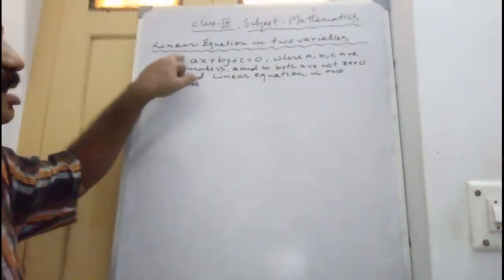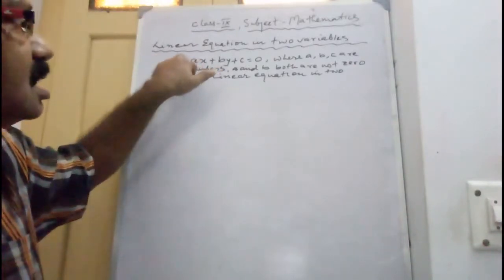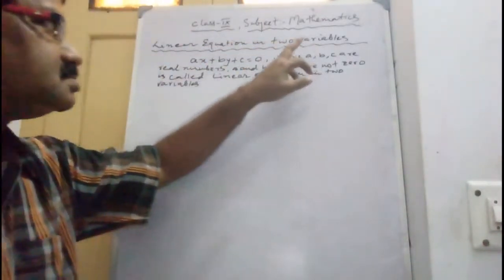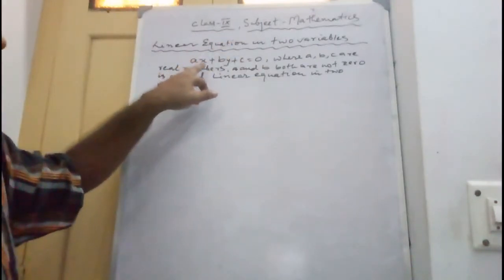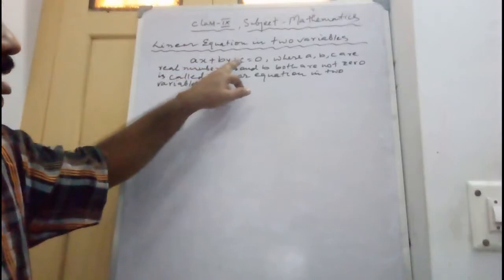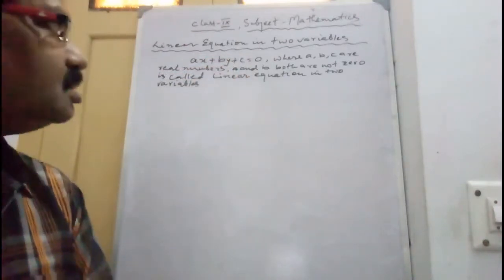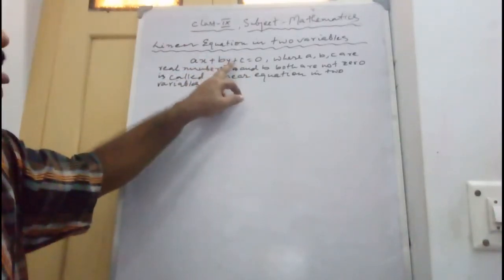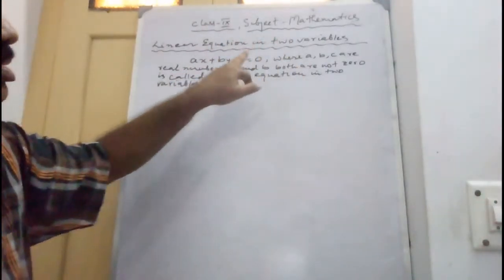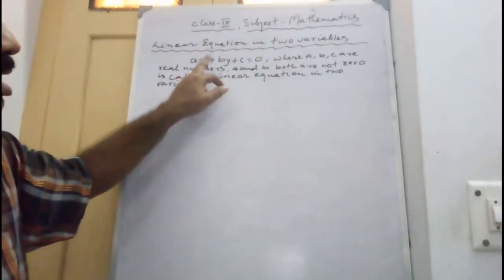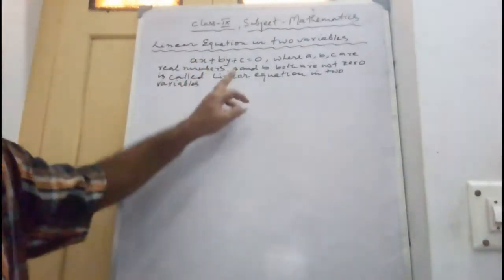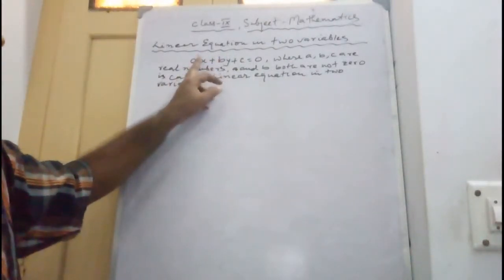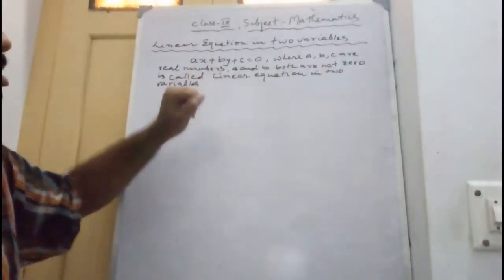This is a new chapter, that is linear equation in two variables. Now I've written that one, ax plus by plus c is equal to 0. This is known as a linear equation in two variables where a, b, c are real numbers and a and b both are not 0.